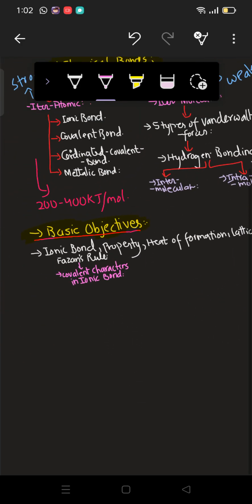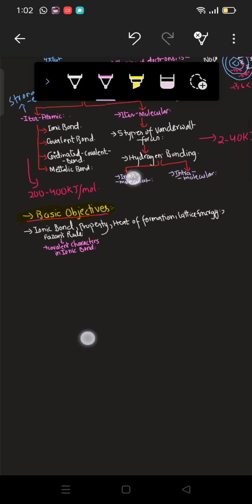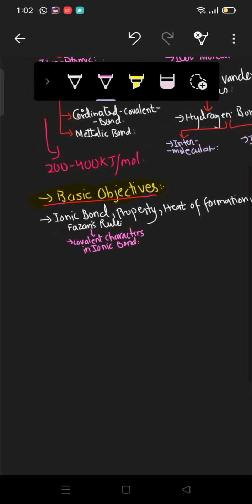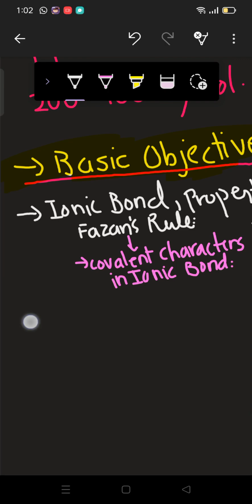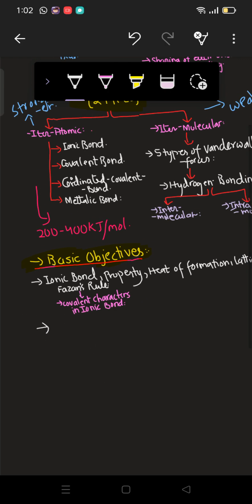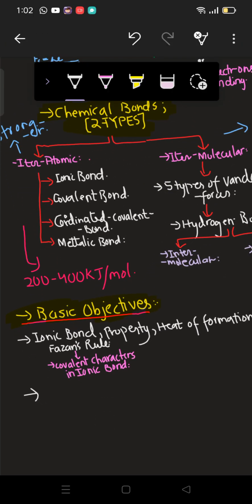Right, so we will be studying about ionic bond first, which is a very important topic, right? Then we will be moving towards the basic introduction of covalent bond, since our main topic is theories of covalent bond, but we'll be studying ionic bond initially. I'll be giving you the introduction of the covalent bond, coordinate covalent bond as well, and metallic bond as well. But our main topic is the theories of covalent bond.